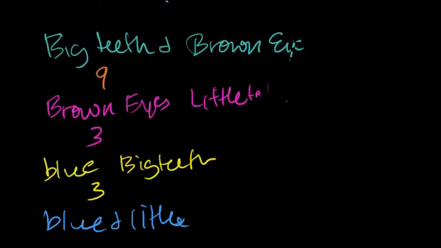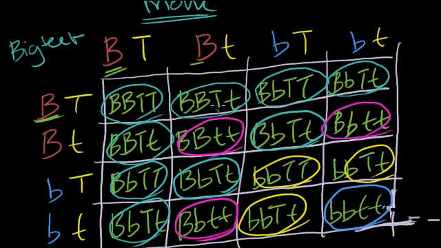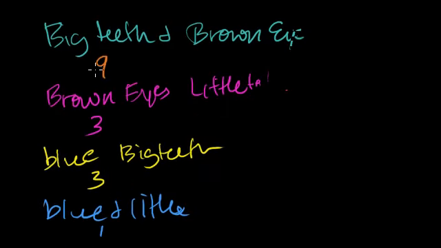So if you look at this and say, what's the probability of having a big teeth, brown-eyed child? These are all the phenotypes. There are 16 different possibilities here, 16 squares. 9 of them describe the phenotype of big teeth and brown eyes. So it's a 9 out of 16 chance of having a big teeth, brown-eyed child. What's the probability of a blue-eyed child with little teeth? 1 in 16.